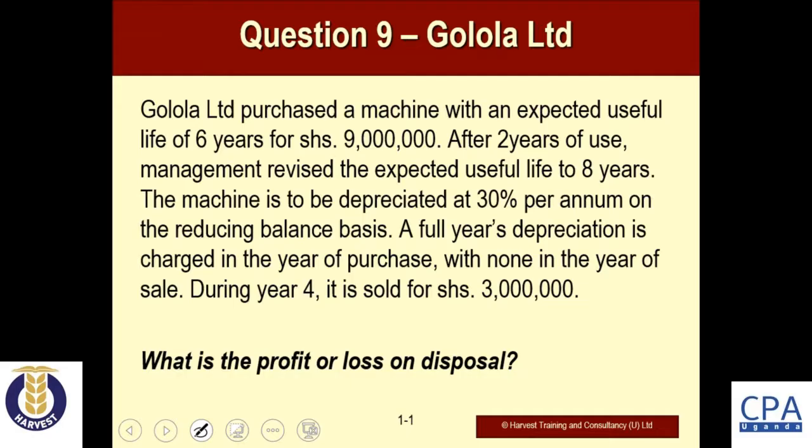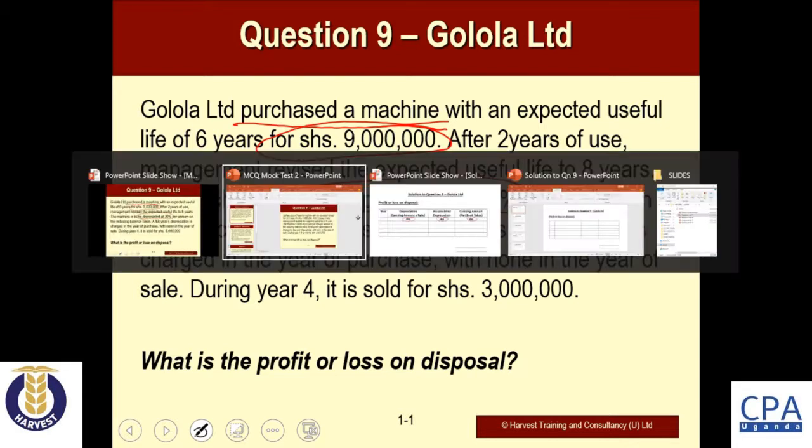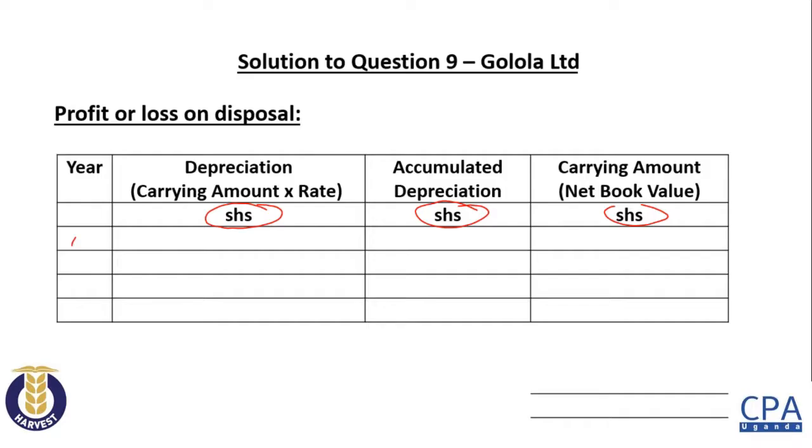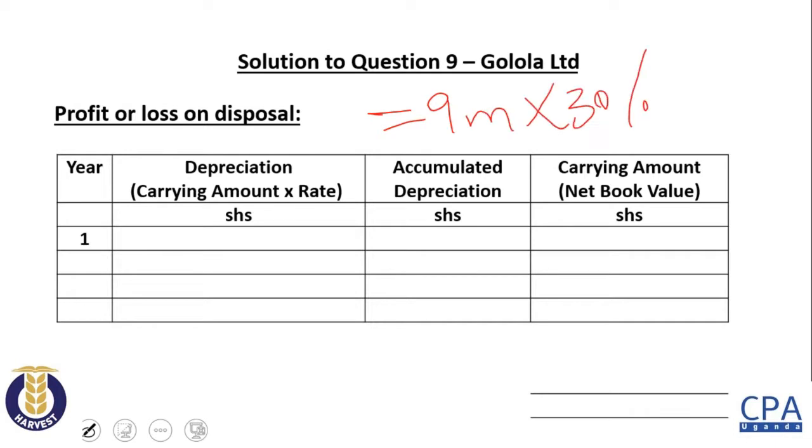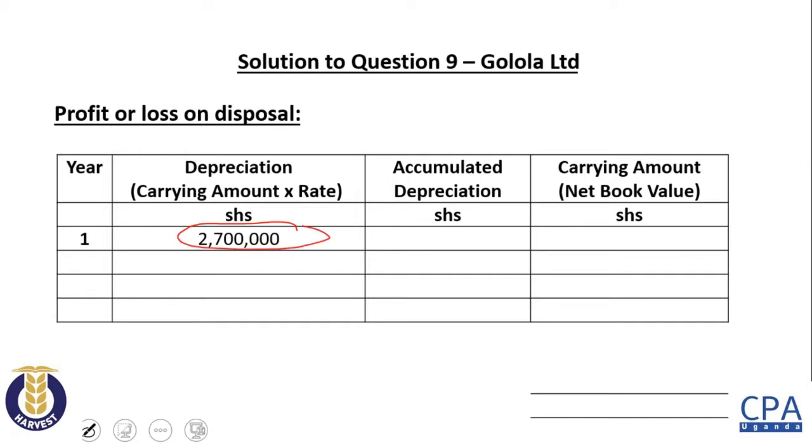We are told that the machine was purchased at a figure of 9 million, and it's going to be depreciated at the rate of 30%. So in year number 1, I'm going to depreciate the 9 million times 30%. If you make use of your calculators, you'll get a depreciation charge of 2.7 million. That's the depreciation charge.